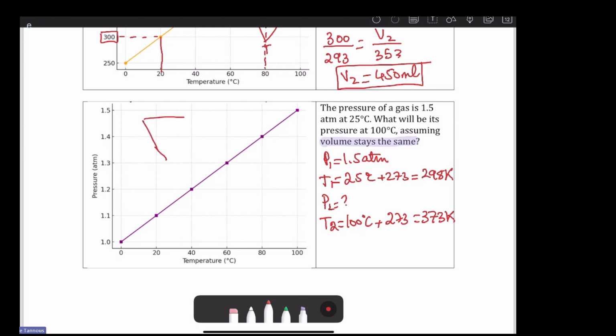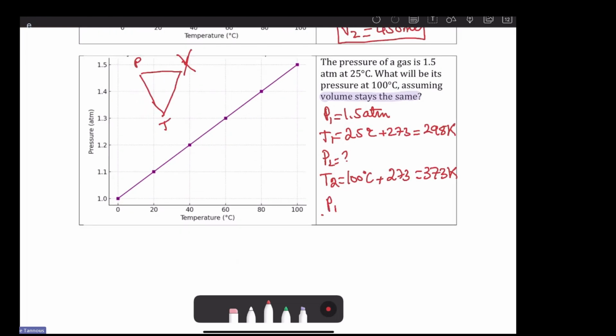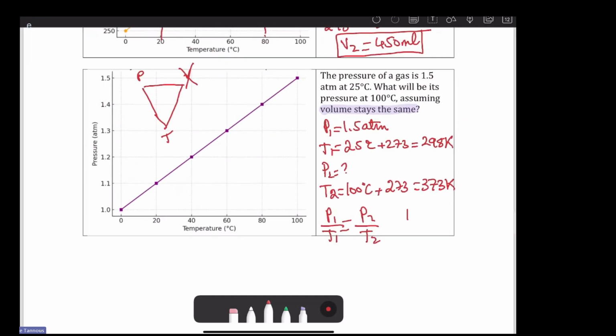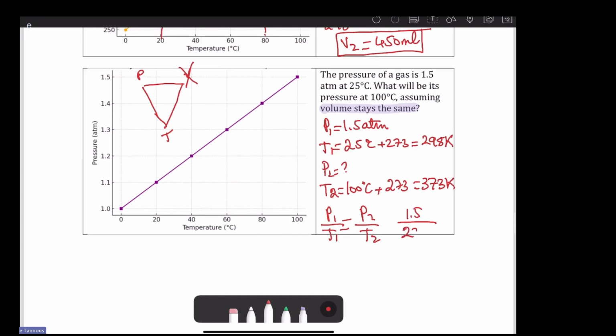So here on my triangle, P, V, and T, volume is constant. So this is Gay-Lussac's law, P1 over T1 equal P2 over T2. As you can see, let me just substitute 1.5 over 298 equal P2 over 373. So for 1.5, I will do my calculations. 1.5 times 373.